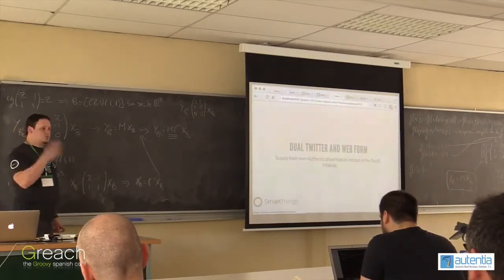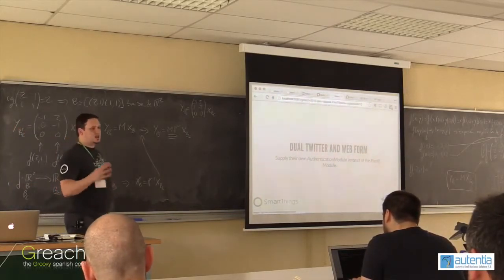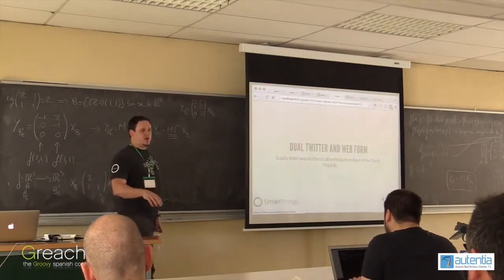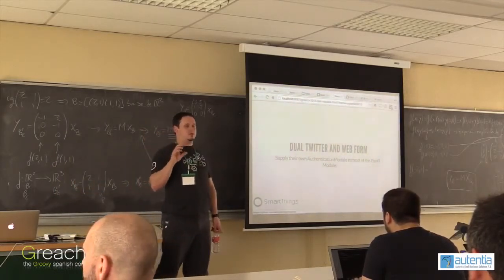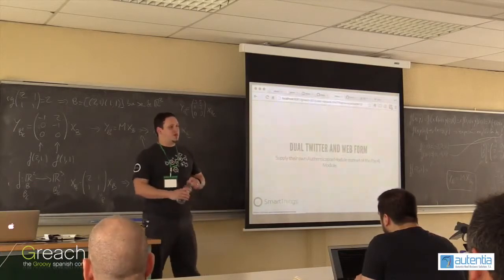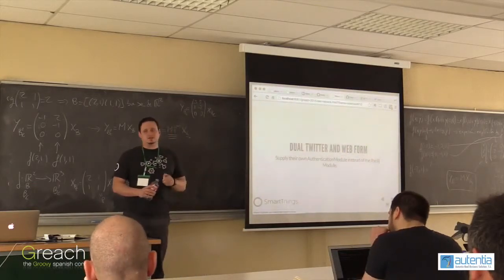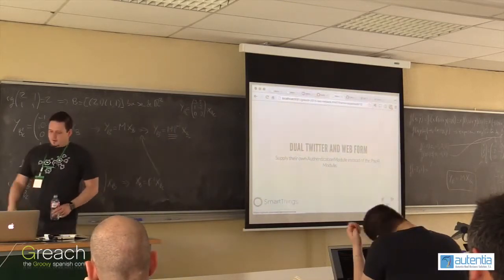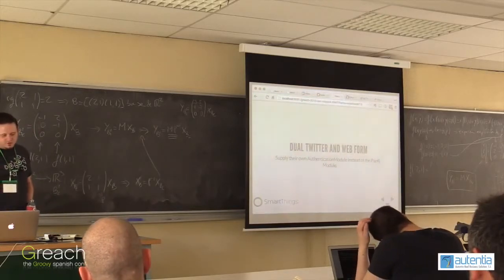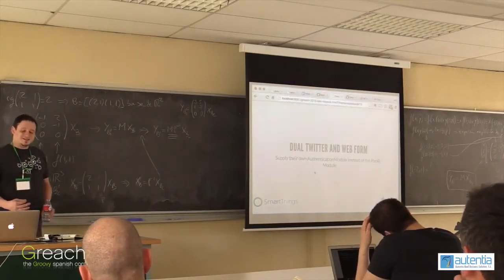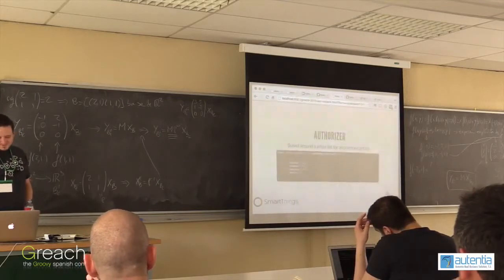In order to do this dual authentication, instead of using the Pac4j modules that we were seeing, they provide their own module. Basically, they made something called the authentication module, and they supply that.